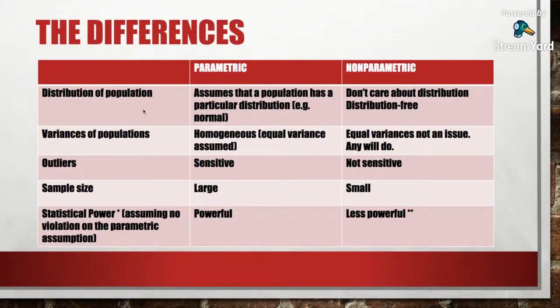So in other words, if the distribution of the population is a normal distribution, then we can make use of a parametric test.